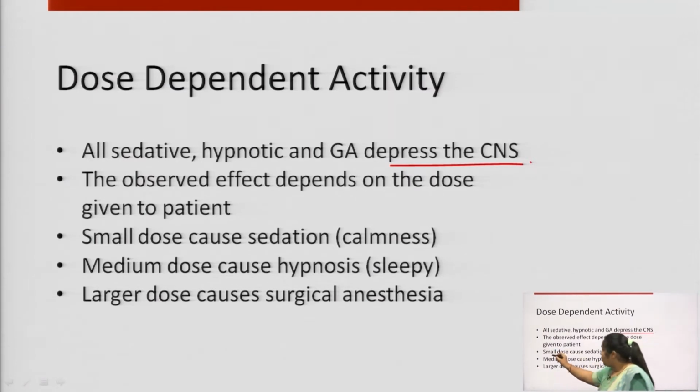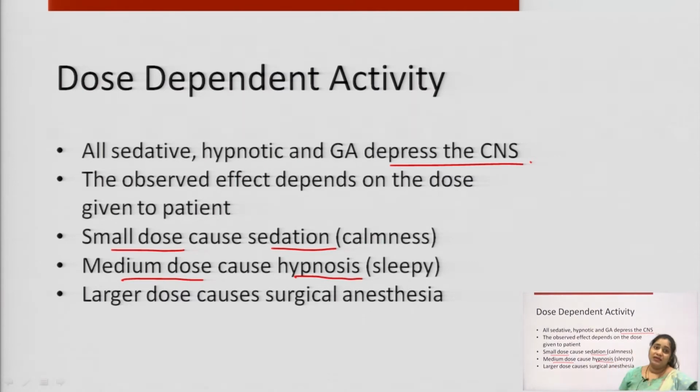Small doses cause sedation. Sedation means the calmness that moderates the excitement in the patient. When a patient is administered a medium dose, that leads to hypnosis, means drowsiness gets started and leads to sleep. But larger doses cause surgical anesthesia, means they can be used as general anesthetics.